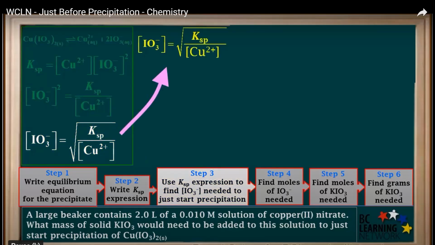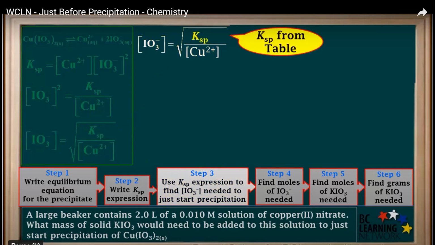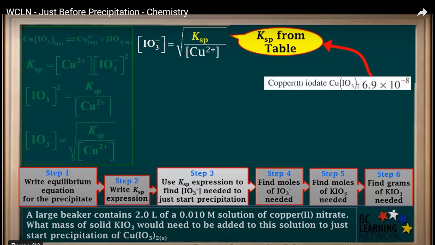We'll rewrite this expression up here and replace the symbol KSP with the actual KSP from the table. Looking up the KSP of copper 2 iodate, we find that it's 6.9 times 10 to the negative 8. So we substitute 6.9 times 10 to the negative 8 for KSP in our expression.